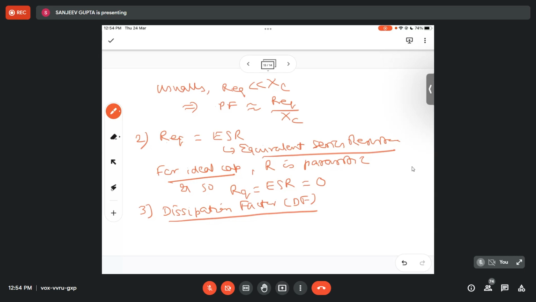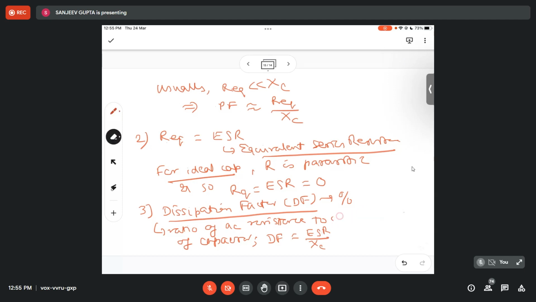So dissipation factor is expressed in terms of percentage. We define it as the ratio of AC resistance to DC resistance of the capacitor. So it means dissipation factor is equal to ESR over X. DC reactance. So AC resistance, sorry, not DC resistance. Just 1 minute.